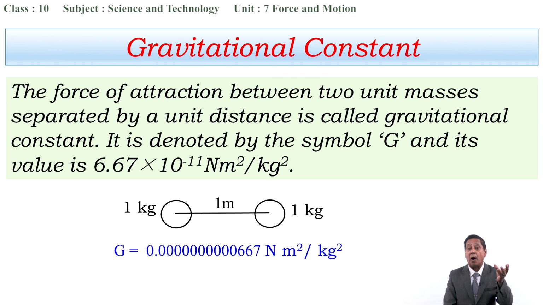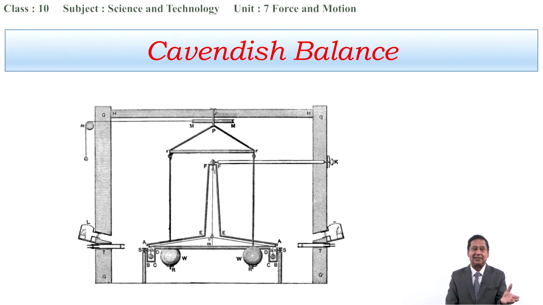He made a balance like this. This is the Cavendish balance. It occupies the whole room. It's a big balance. It's not like a normal type of balance having two pans. This is a special type of balance he created, and by the use of this Cavendish balance, he determined that if we measure the gravitational force between two bodies, then a constant is involved between them.